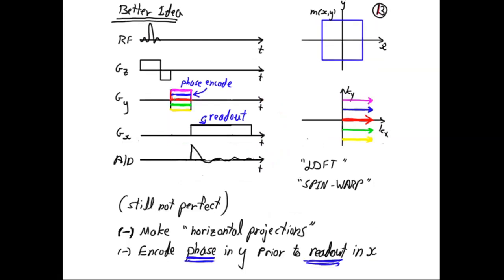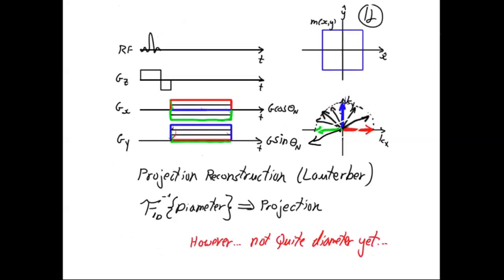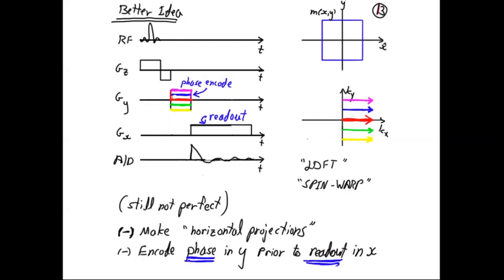But here's a better idea. This is on a radial grid, and I have to deal with all this projection reconstruction, but I can actually do something else. What if I do the following? What if I excite a slice, and the red sequence is exactly the same, right? The red sequence basically says, don't play anything in y, and in GX apply this type of gradient.